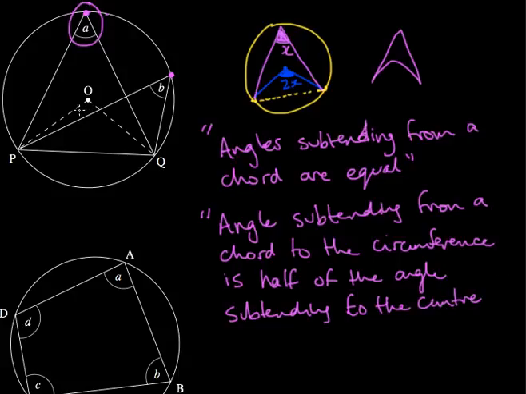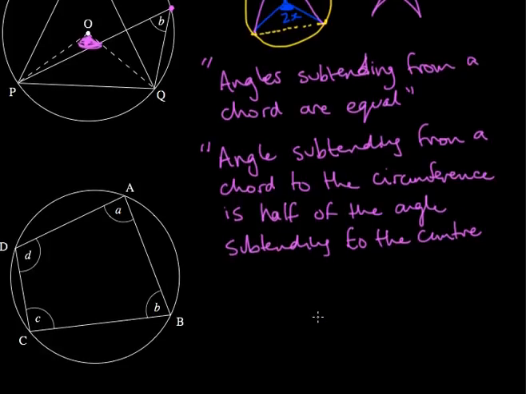So that would be the angle here. So there are two circle theorems to remember. The Star Trek one is the top one, and the double angle one is the second one there.